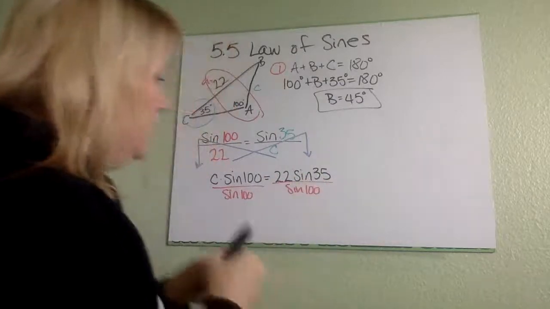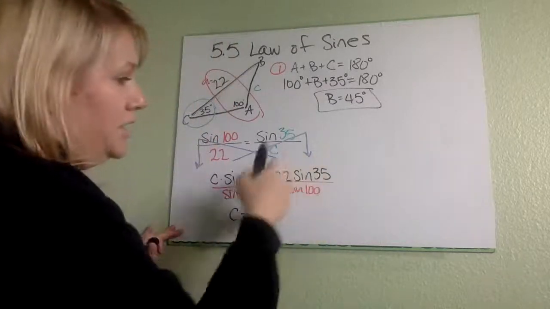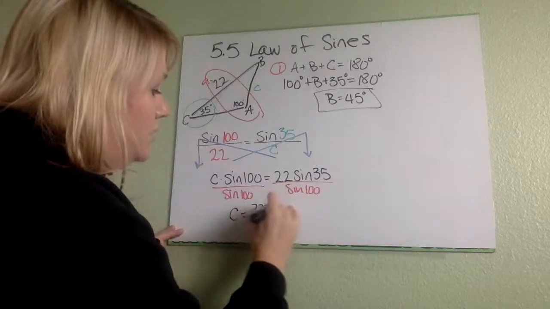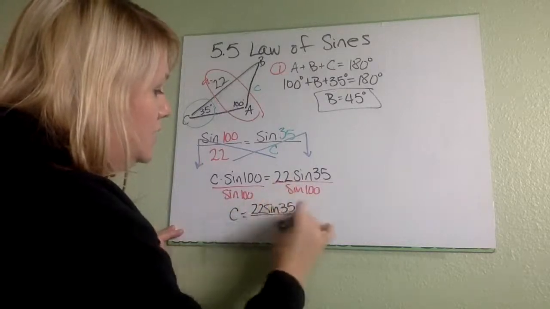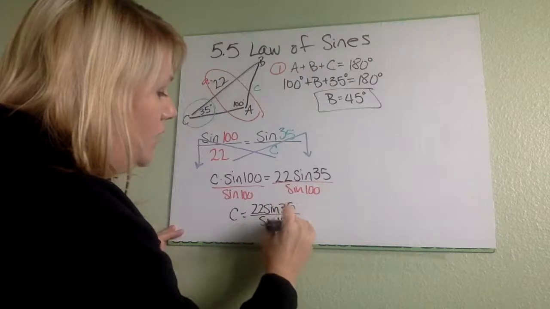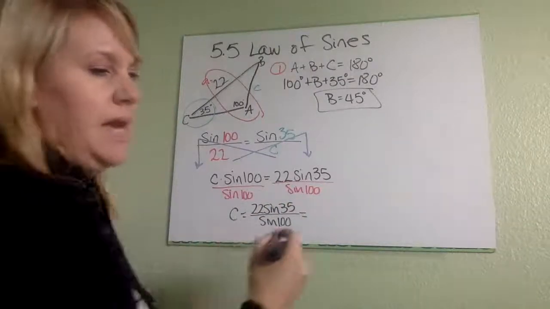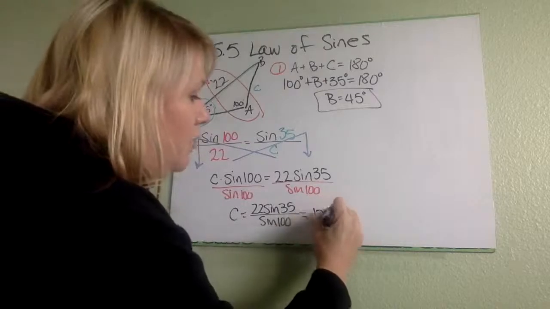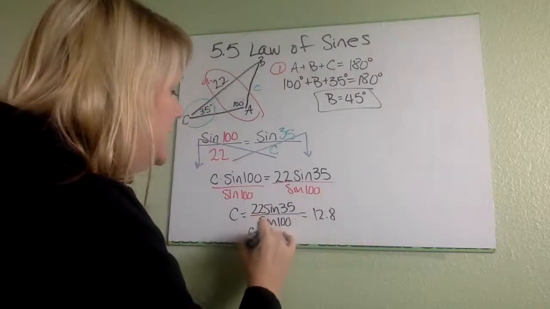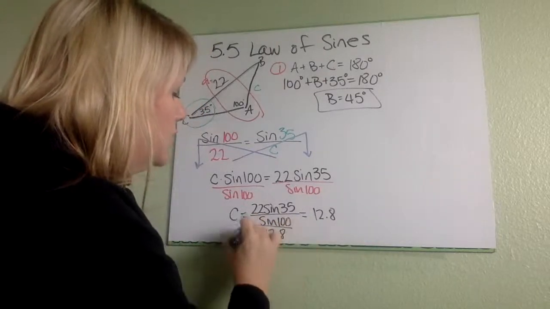And so then this ratio, 22 times the sine of 35 divided by the sine of 100, is what you're calculating. And go ahead and round that just to the tenth. So we get 12.8. So side C is 12.8.